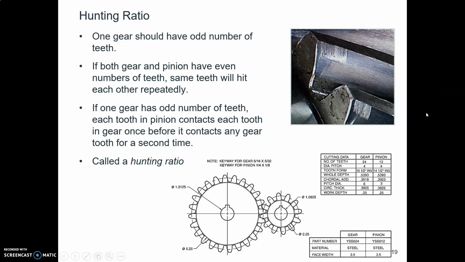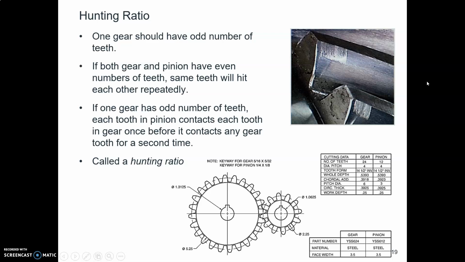And if you have an even number of teeth in both the gear and the pinion, then the same 2 sets of teeth are going to hit each other every time they come around. Bang, bang, bang. And of course, there are no perfect parts. So if there's some little imperfection on one of the teeth, it will wham into its mating tooth over and over again and cause tooth wear.